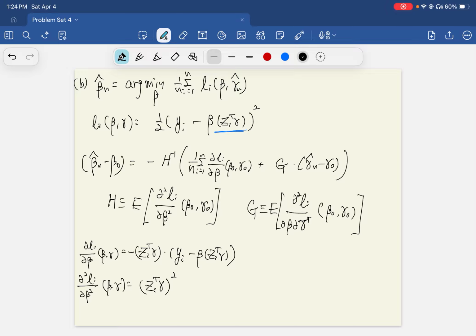And if you differentiate again with respect to gamma transpose, you have to differentiate this and this, one by one. If you use the first argument, you will get this much, and if you differentiate the second one, you will get plus beta zi transpose gamma times zi transpose. This is the second derivative.